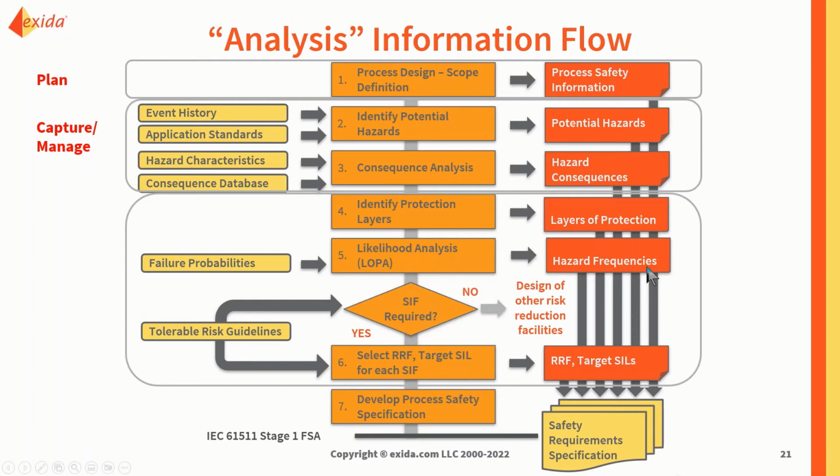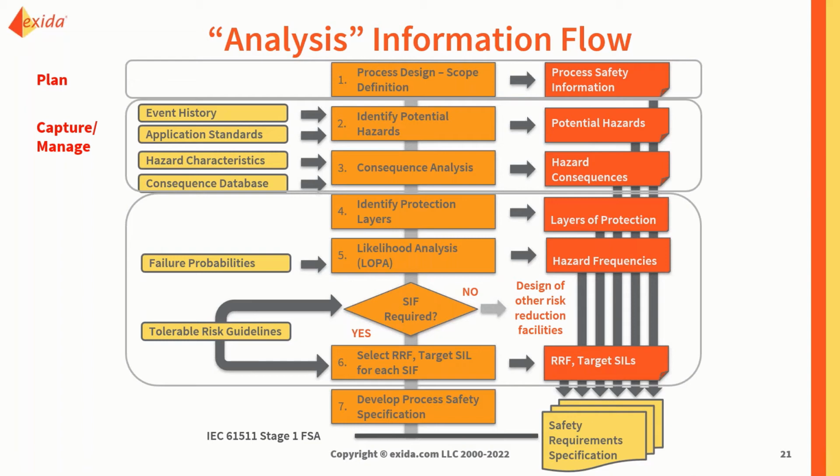And then we can also derive out the hazard frequencies. Because usually when we talk about LOPA, we are talking about IPLs, and some of those IPLs can actually be a SIF within your SIS system. So this is usually where we can select the particular SIL level.